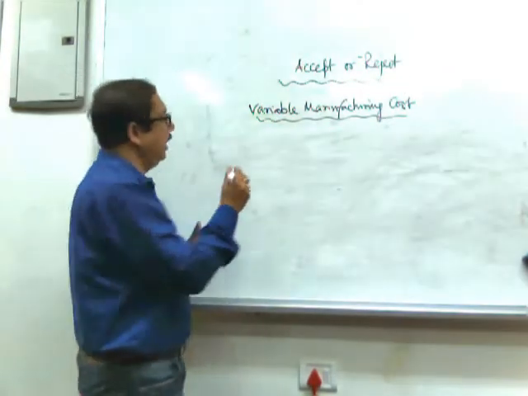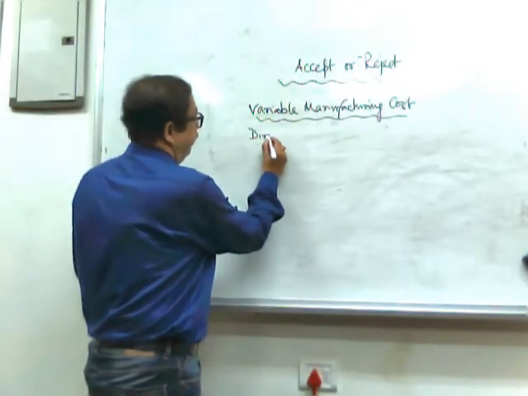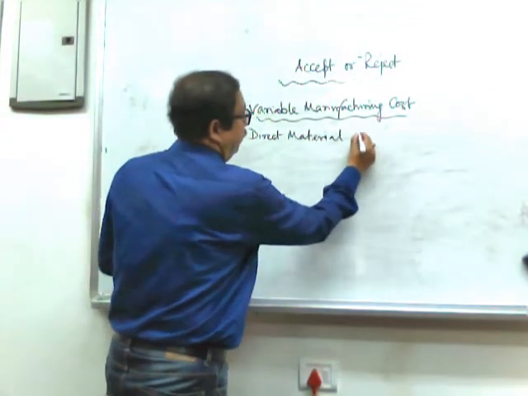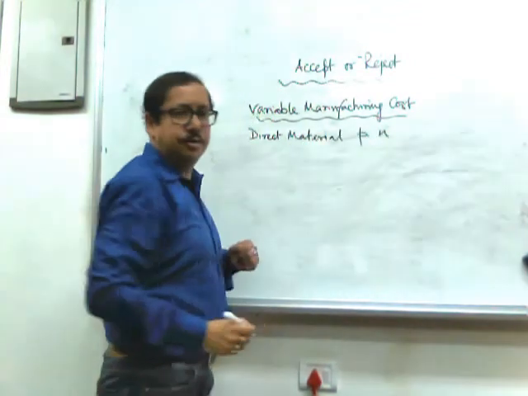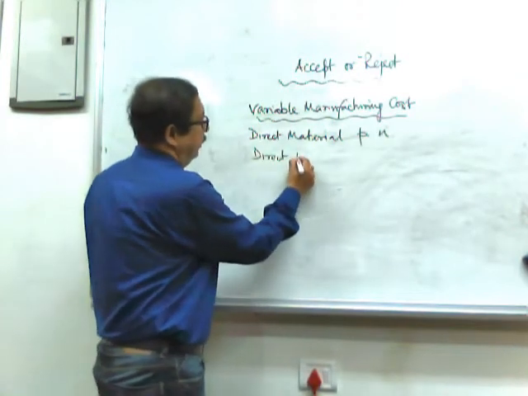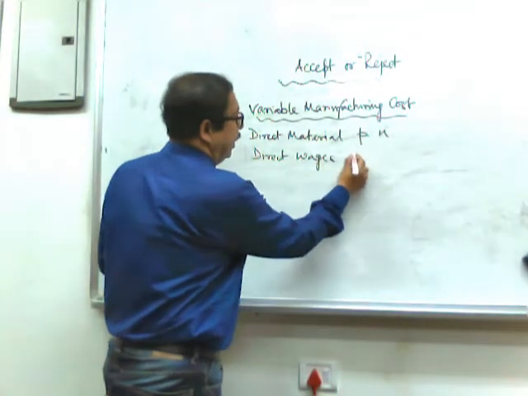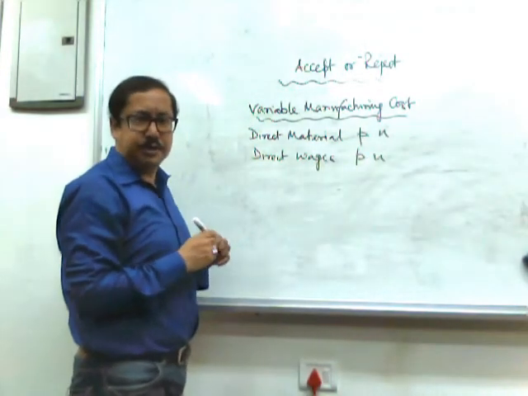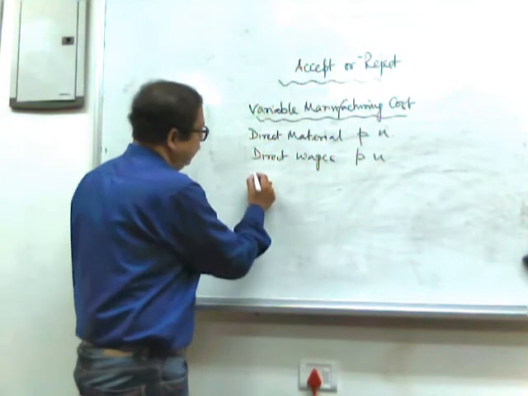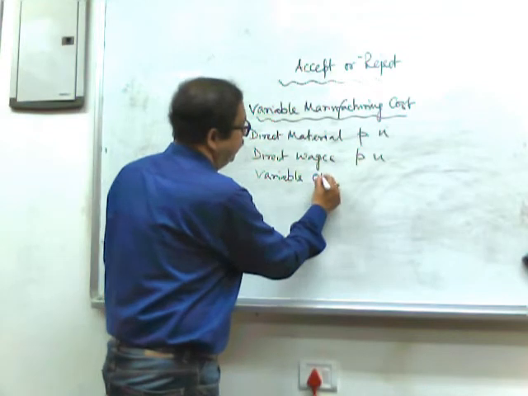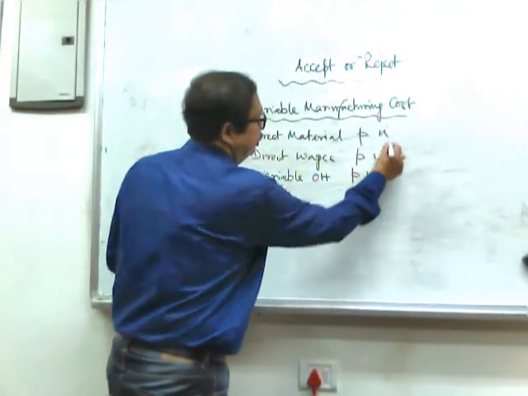We'll be adding here the amount of direct material per unit. We'll be adding here the direct wages per unit, and also we need to add here the variable overhead per unit.